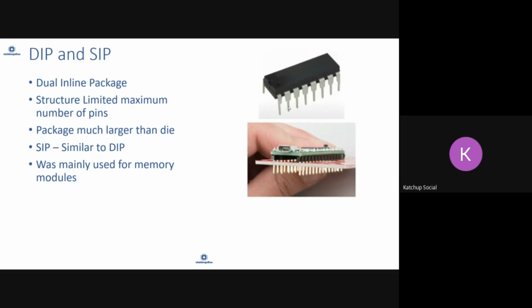SIP was similar to DIP, but it was mostly used for memory modules, with pins on only one side. So this was the initial packaging technology developed by Fairchild and the initial companies who were working on microelectronics and ICs.